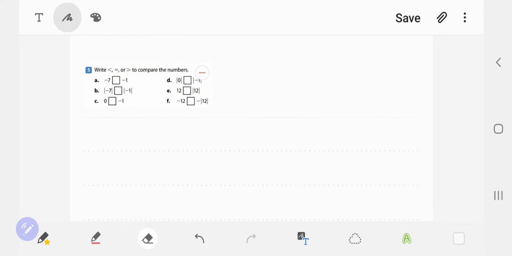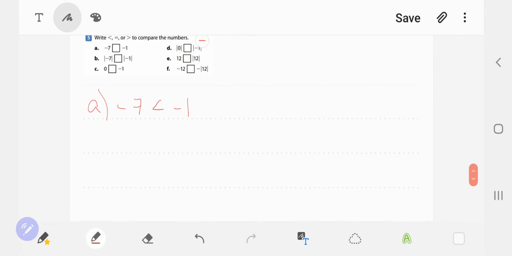Okay, so for letter A, -7 is less than -1. When it comes to a negative number, the value of a negative number is larger as it is nearer or closer to 0.